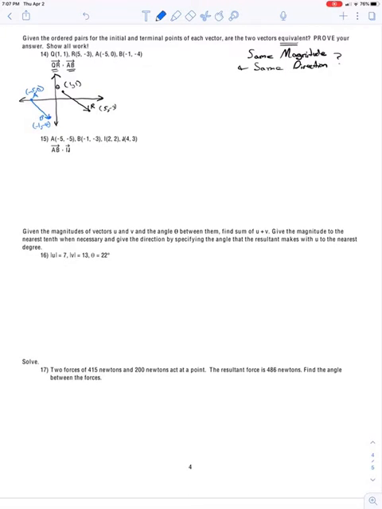So again, vector QR, and let's write that in here, and we've got vector AB over here. Let's go ahead and find the magnitudes first. Let's get our magnitude, which is our length.